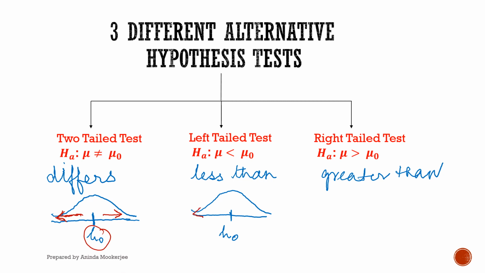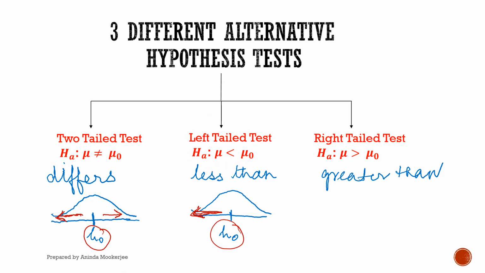It's a value to the left of whatever the null hypothesis mean is. That means it's a smaller value, less than the current null hypothesis mean. So when we make that claim, it makes the test a left-tailed test.